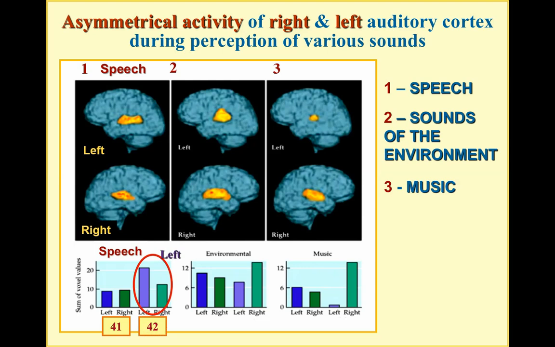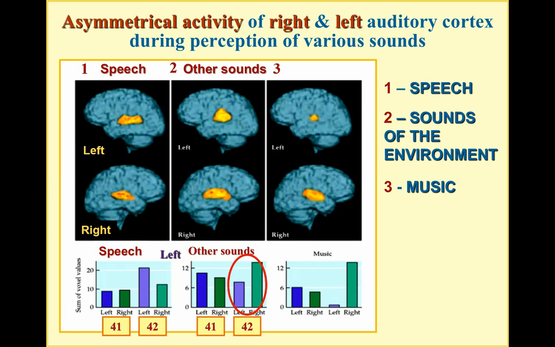Then, for environmental other sounds, not speech, you see, again, these sounds for the 41st area, primary auditory cortex, have negligible difference, actually not big. But for the secondary auditory cortex, the difference is clear. And this difference is in favor of the right hemisphere.